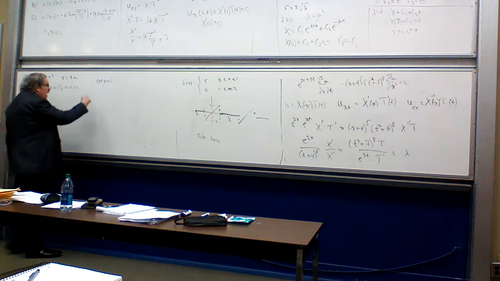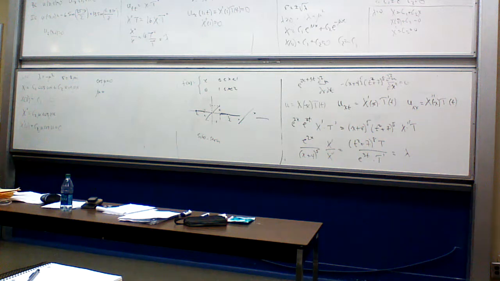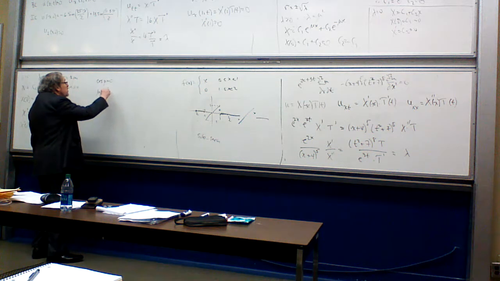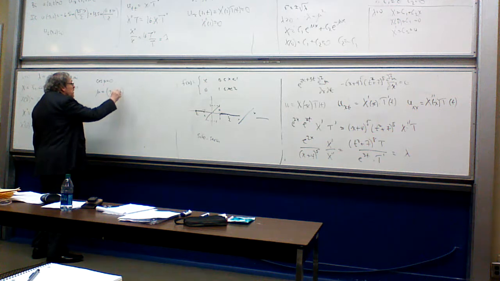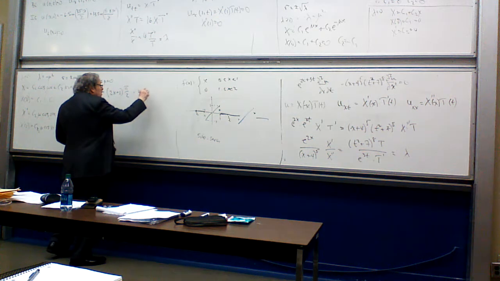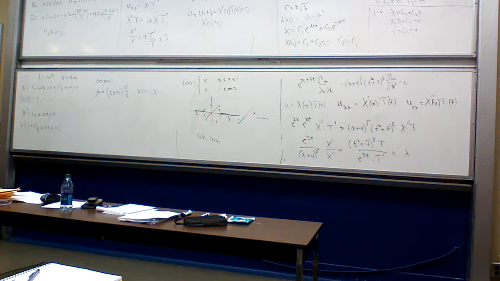And that occurs when mu is an odd multiple of pi over 2. Right? Odd multiple of pi over 2. 2k plus 1 times pi over 2, k equals 0, 1, 2, and so on. A way to write odd multiples.